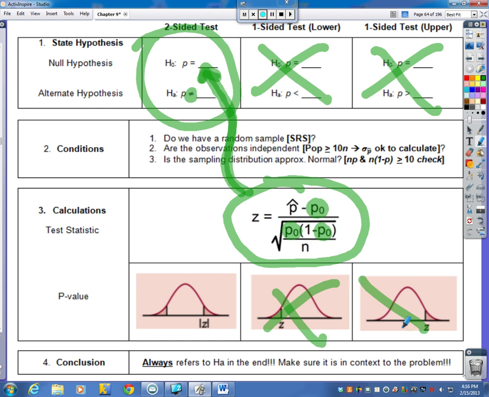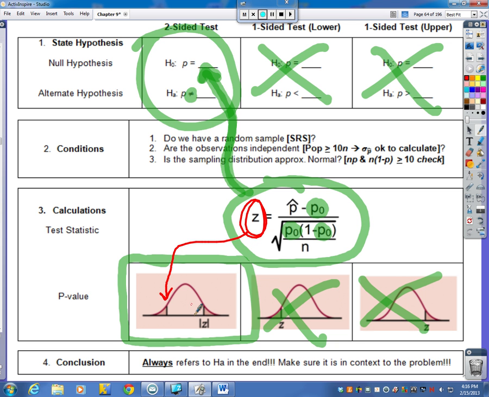We won't be seeing these pictures, but we will rather be seeing this picture. So instead of having one tail, we will be finding the area of both tails. Now, the z that we get here could be positive or negative. If it's negative, then obviously we're going to graph the negative side, but we'll also consider the absolute value of that negative.